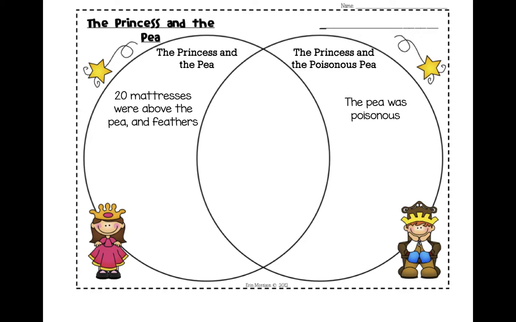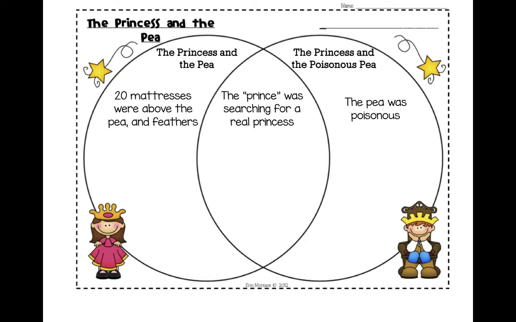And then I chose to write something that was the same about these two stories. Really, the prince was searching for a real princess in both of the stories, right? The reason I put prince in quotation marks is because the prince wasn't even a real prince in The Princess and the Poisonous Pea, was he? No. So that's why I put that.